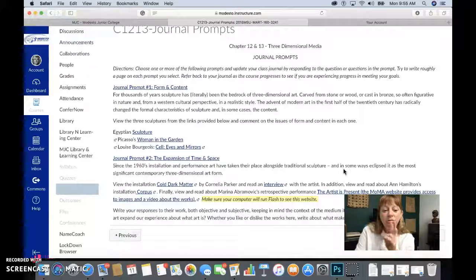And then there's 2 prompts, but it looks like you only have to write 1. So again, choose 1, or you can do both if you want, up to you. Explanation of time and space, and then I've given you an installation called Cold Dark Matter by Cornelia Parker to look at.